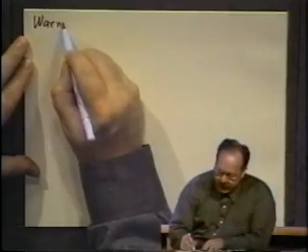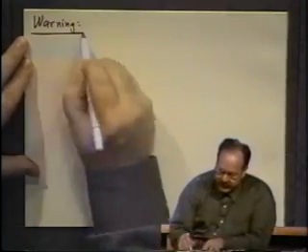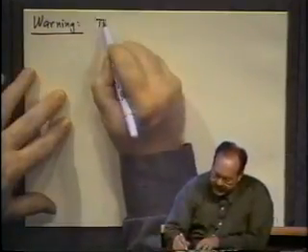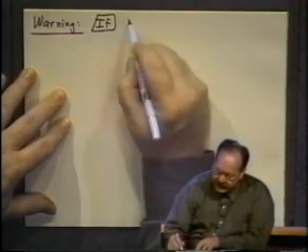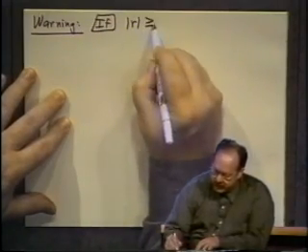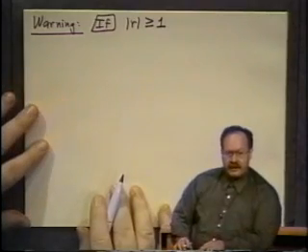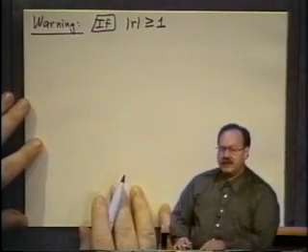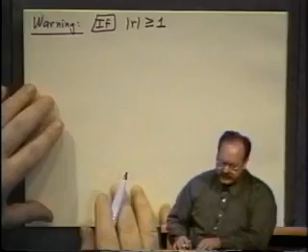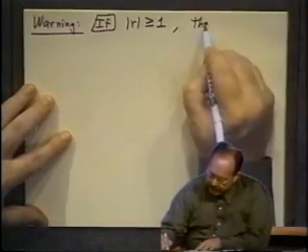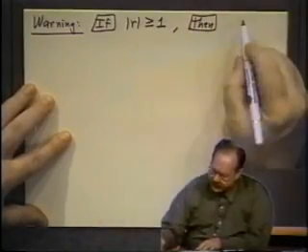First, however, let me make a warning that has to do with that hypothesis. If it so happens that the absolute value of r is greater than or equal to 1, that is to say not between -1 and 1 on the x-axis, then the formula is false.